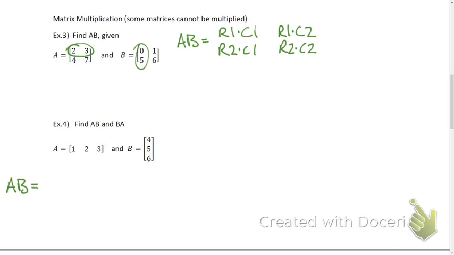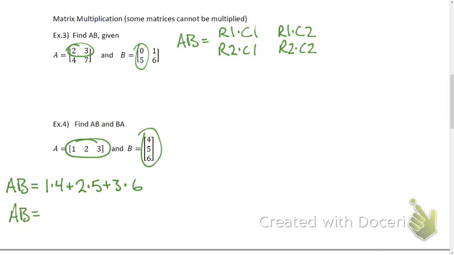We're going to go all of row 1 times all of column 1, which means we go 1 times 4 plus 2 times 5 plus 3 times 6. Because this whole row, row 1 times column 1, is all we have. So AB is actually weird but very simple. We have 4 plus 10 plus 18, so 32.